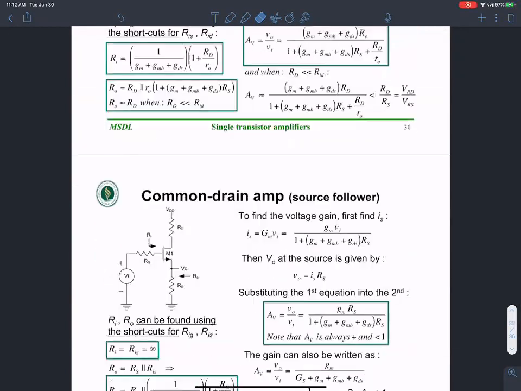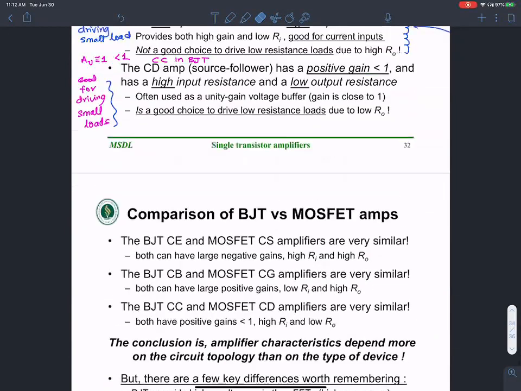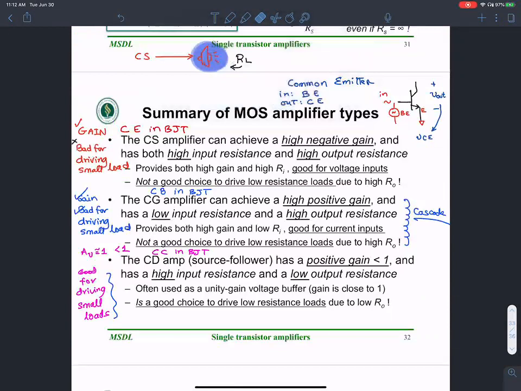When we look at the summary of MOSFETs, so this is something we looked at in the last class. The common source amplifier is a bread and butter gain stage. It provides good gain stage. It is bad for driving small load.